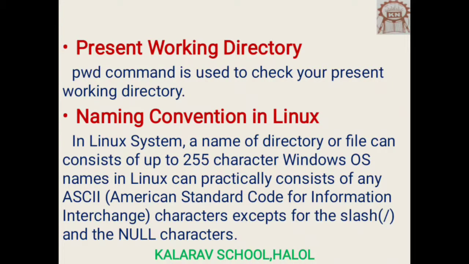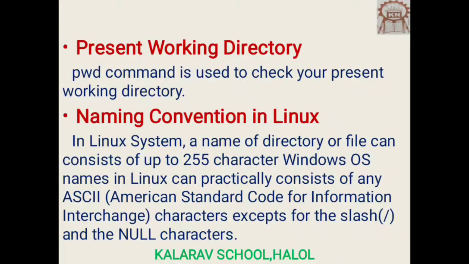Naming convention in Linux commands. In a Linux system, a name of a directory or file can consist of up to 255 characters. Maximum 255 characters are allowed in a directory or file name in the Linux operating system.